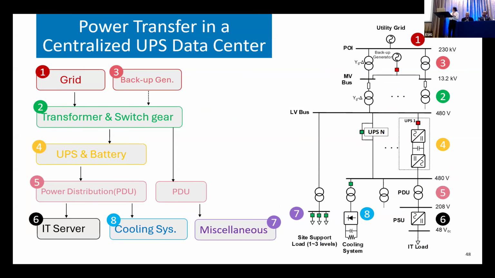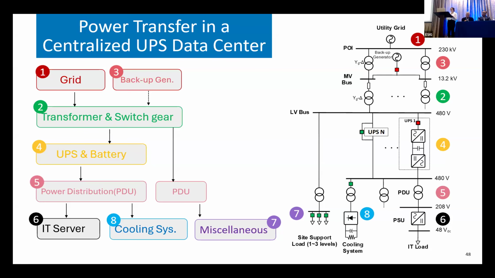So when we translate this power transfer to one single line here, I think this helps us significantly to understand at which stage what will be highly aggregated and how detailed we should model it. I think Shahil already put that in a very nice way. I won't repeat it one more time, but I just want to raise two things. The first thing is that the network within the campus actually needs to be considered.